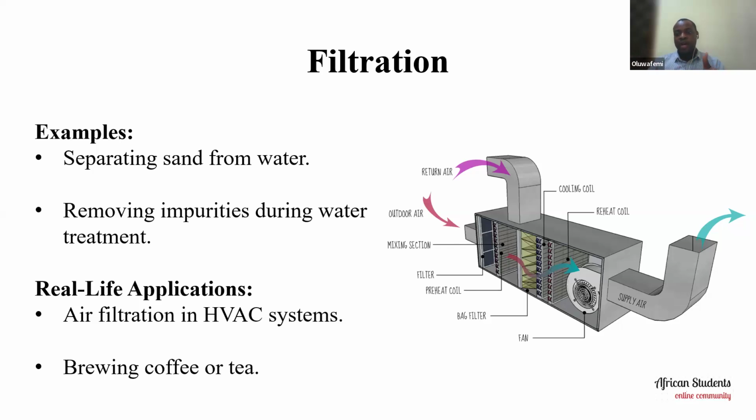The air that comes out will be cleaner, free of impurities. So for people that are allergic to certain things, the air that they breathe in, or the air that flows around them, must be subjected to filtration, so that pollens or whatever it is does not get into the air and get breathed in, which can be very disastrous for people that have certain health conditions. So this is a real life application of filtration.